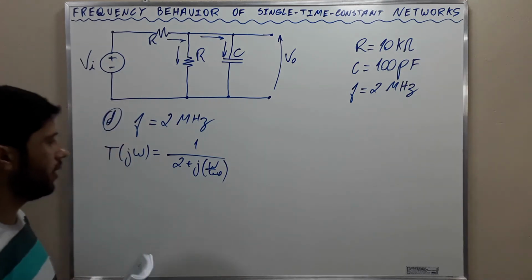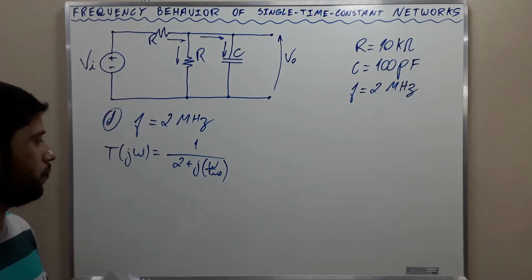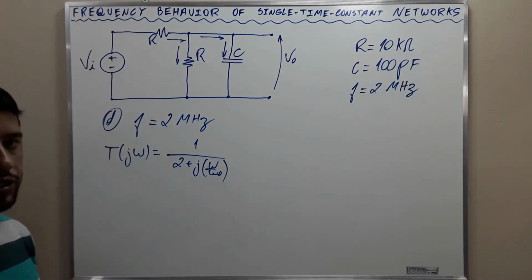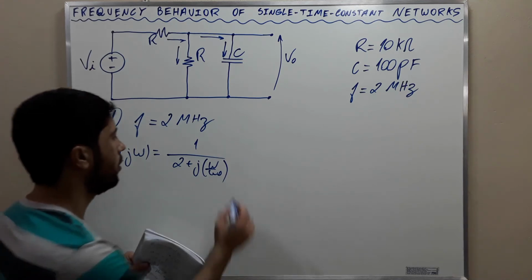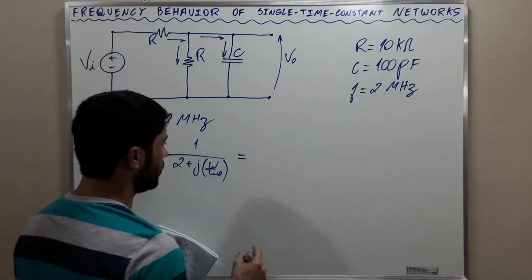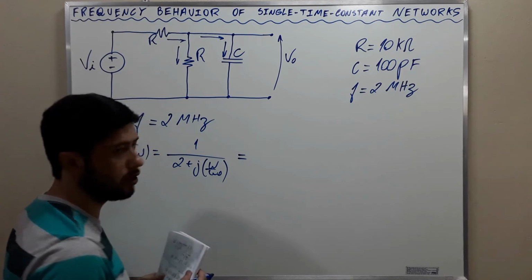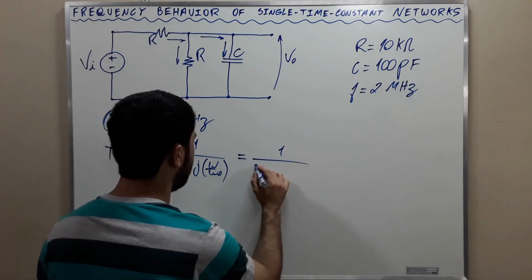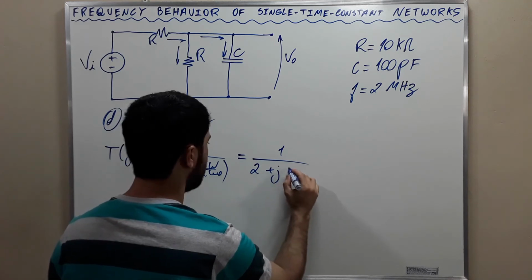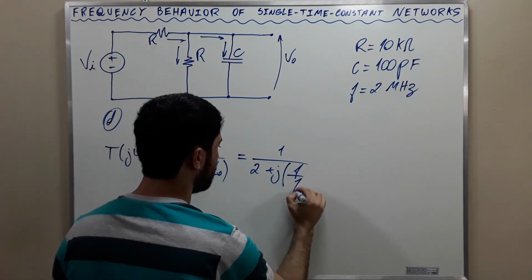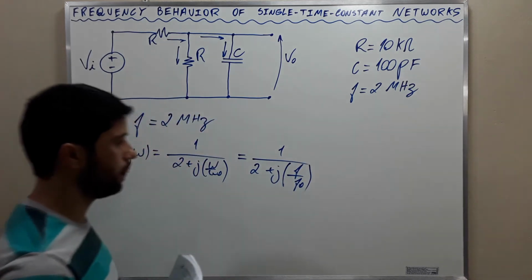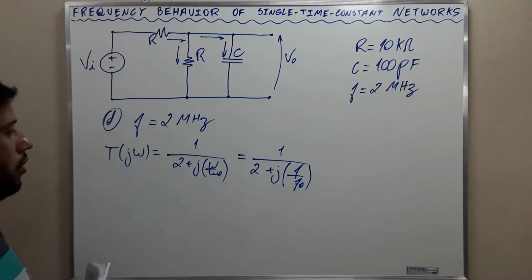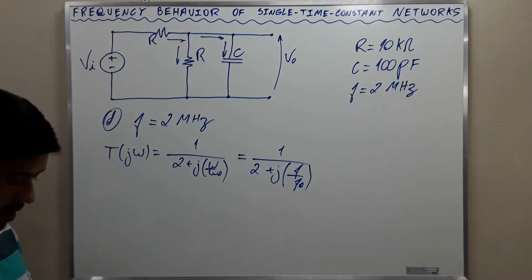But here, instead of using W and W0, we are going to use F and F0. You can calculate it yourself at home, and you will find that it is the same. We already found F0, haven't we?